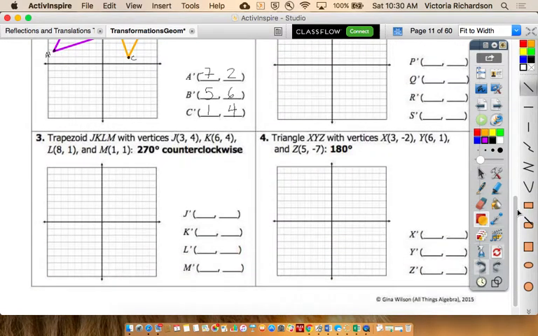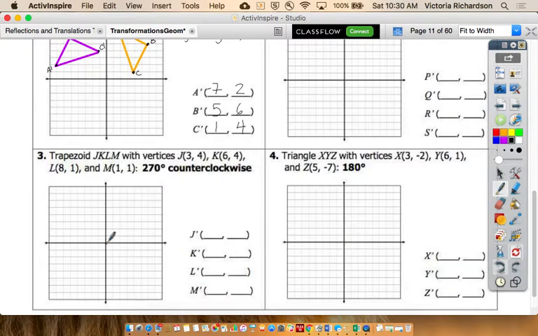So this is a trapezoid JKLM with vertices J, which is 3, 4. So I'm going to start in the center and count 1, 2, 3 to the right, up 1, 2, 3, 4. Make a point. This is J. Sorry, I'm used to writing A. And then K is 6, 4. So start in the center. 1, 2, 3, 4, 5, 6.